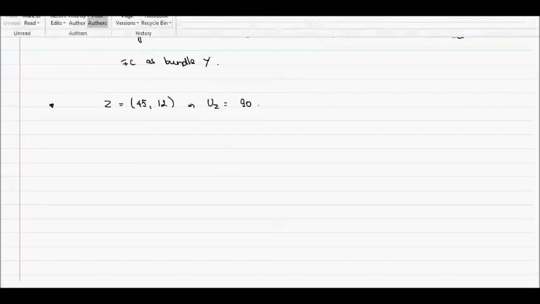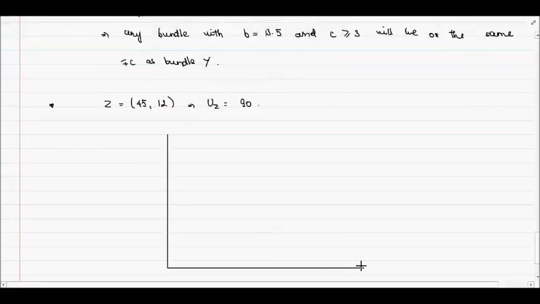Okay, so we're going to draw that on a diagram. Again, I will have C on the vertical, B on the horizontal, and 0 over here.